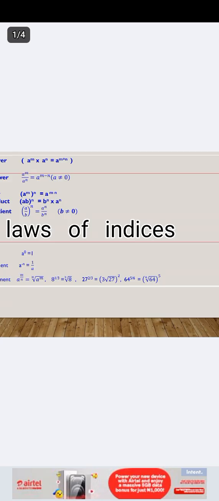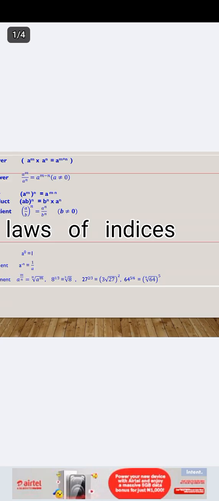Now, what is an index? An index is the power to which a number is raised. For example, when the letter A multiplies itself two times, we have A times A, and that is written as A raised to power 2.